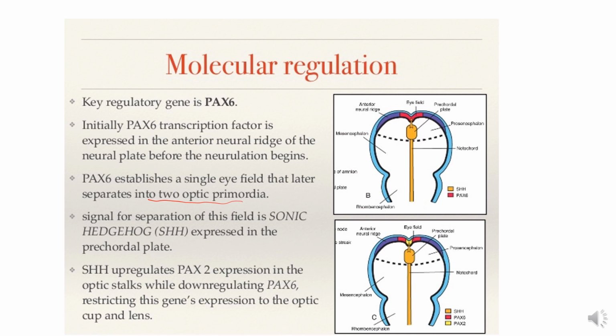The signal for separation of this field is sonic hedgehog, expressed in the prechordal plate. Sonic hedgehog upregulates PAX2 expression in the optic stalk while downregulating PAX6, restricting this gene's expression to the optic cup and lens. This is how the molecular regulation of eye development occurs.